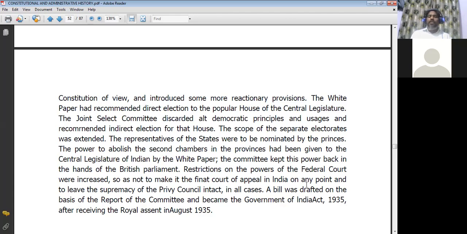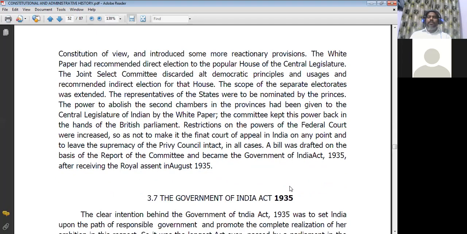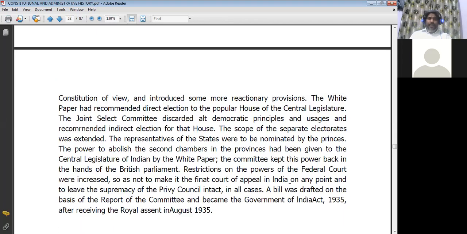In fact, in all cases, a bill was drafted on the basis of the report of the committee and became the Government of India Act 1935 after receiving royal assent in August 1935.